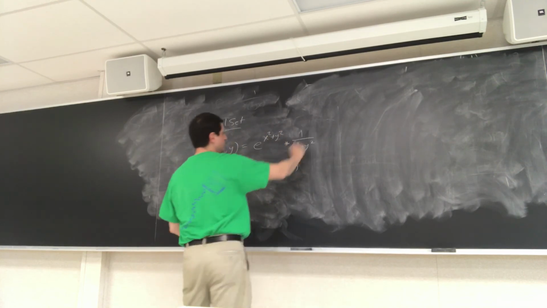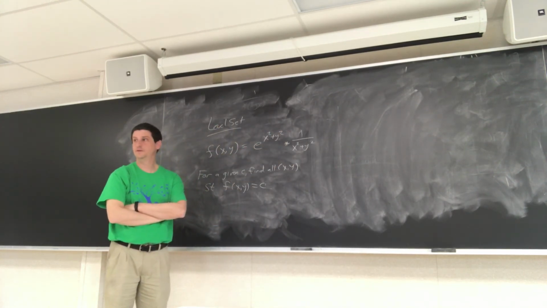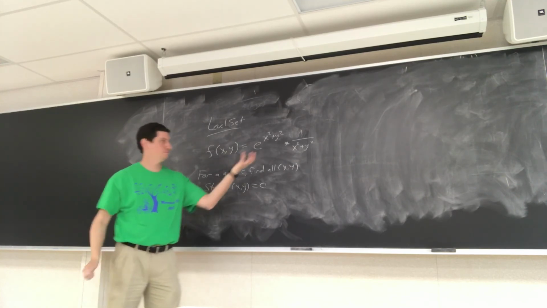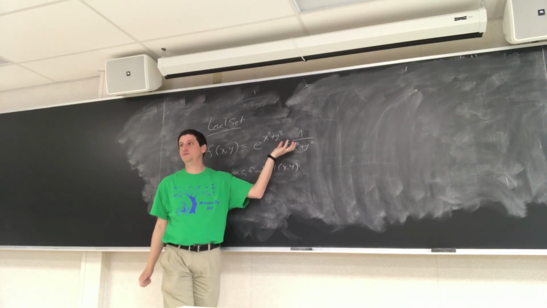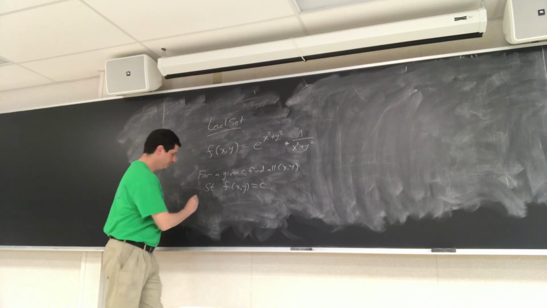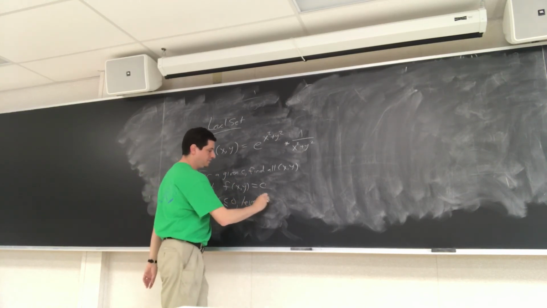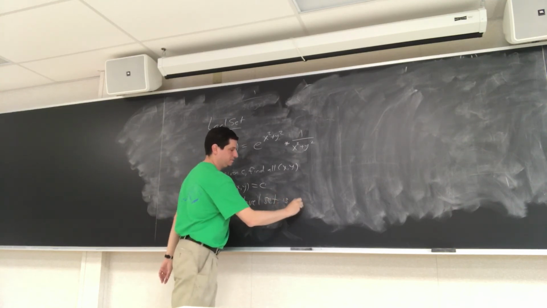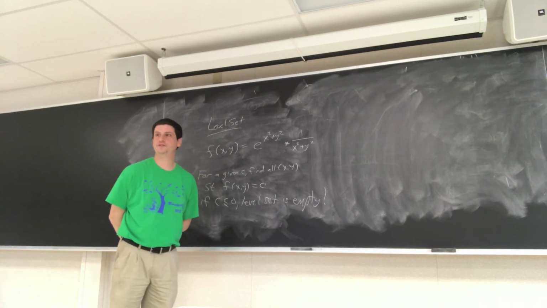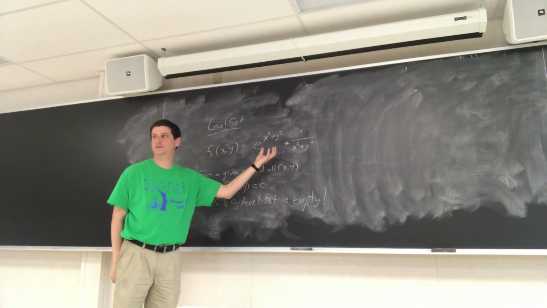What can you tell me about this quantity here? What kind of number is it? Positive, right? Unless x squared plus y squared is 0, in which case it's plus infinity, but this is clearly positive. This is not going to be 0 or a negative number. So if C is less than or equal to 0, the level set is empty. There are no points x and y such that this is equal to C.